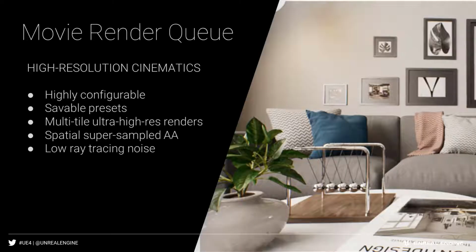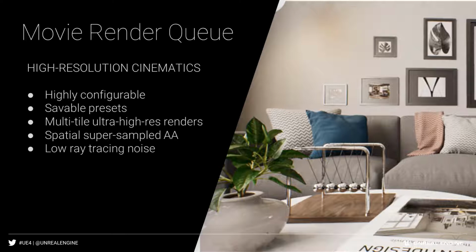Your second option for creating high-quality outputs is going to be the new high-quality media export tool. So inside of Unreal, we have our Sequencer tool, which allows us to set up camera animations and so forth. And the new high-quality media export tool allows us to take those animations and render them at a very high resolution using ray traced quality.